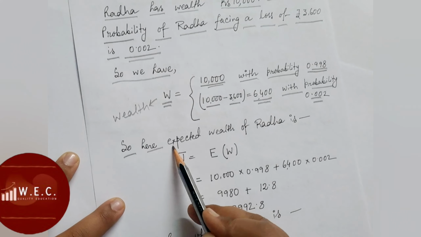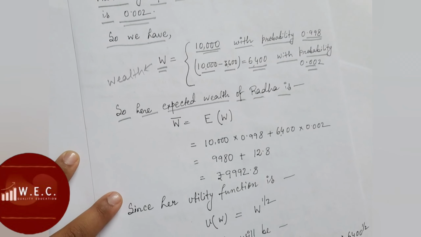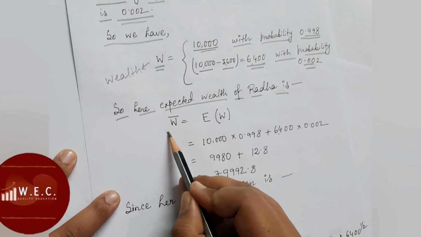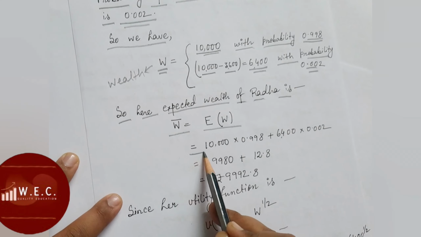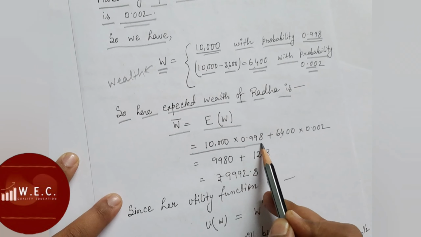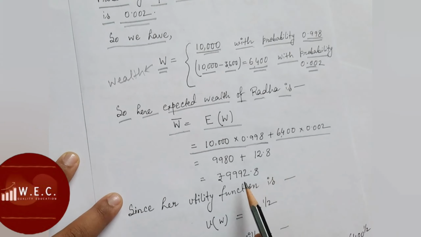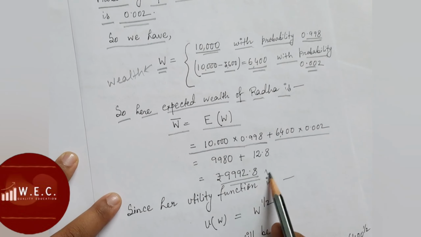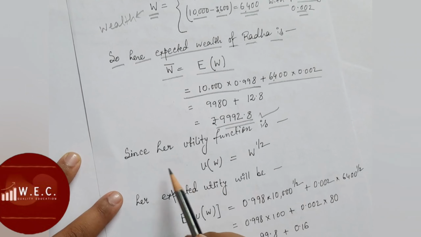So here the expected wealth of Radha is W bar equals to 10,000 into 0.998 plus 6,400 into 0.002, that is equals to 9,992.8.